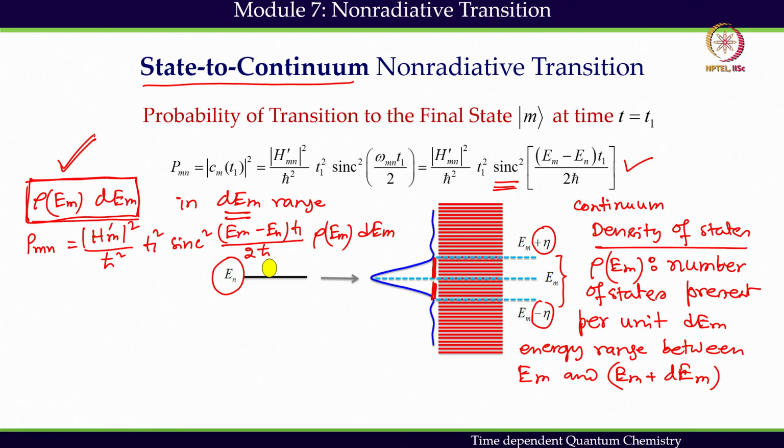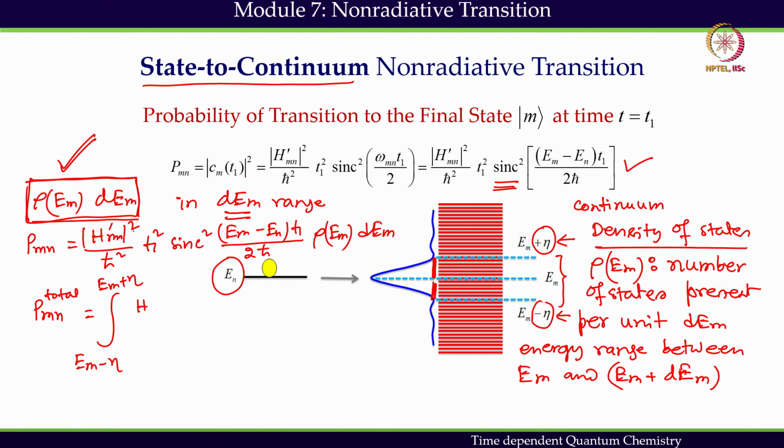If we say that the radiationless transition occurs from an initial state to a group of final states whose energy Em lies within an energy interval from Em minus eta to Em plus eta, in that case the total probability will be given by this integration. Integration is going to be Em minus eta to Em plus eta.